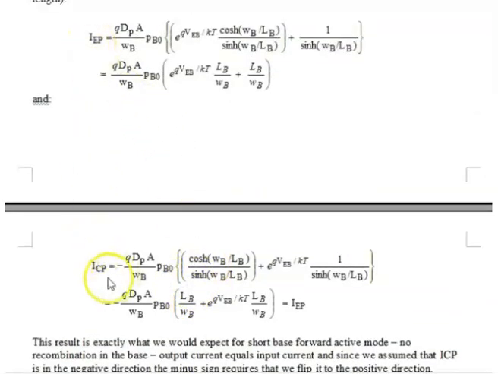IEP equals ICP, and that is exactly, well, there's one other thing I should mention. The minus sign flips to being a positive because ICP, just like in the previous case, is assumed to be in the negative direction. So if we have a minus sign, it becomes positive. So IEP is precisely equal to ICP.